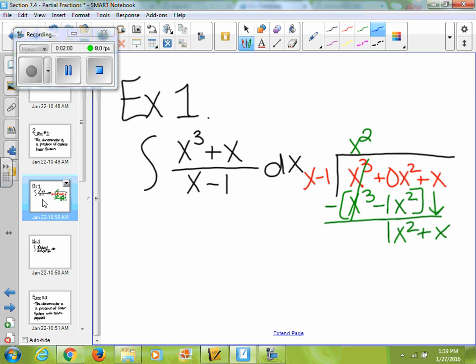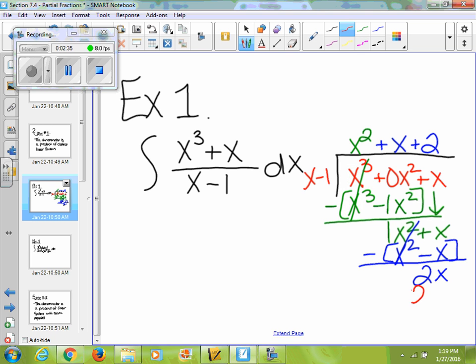If I do that again, x goes into x squared x times, so x times x is x squared. Negative 1 times x is negative x. If I subtract those, x minus negative x becomes positive 2x. And x goes into positive 2x 2 times. 2 times x is 2x.